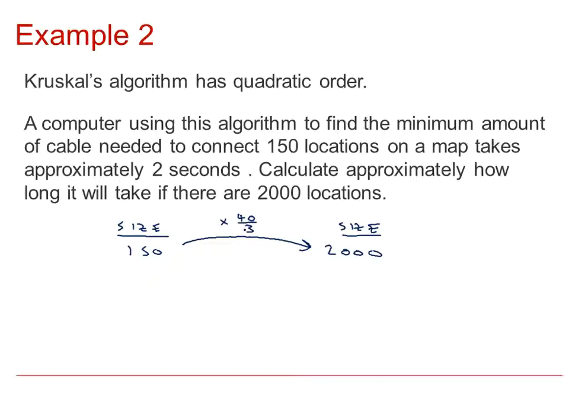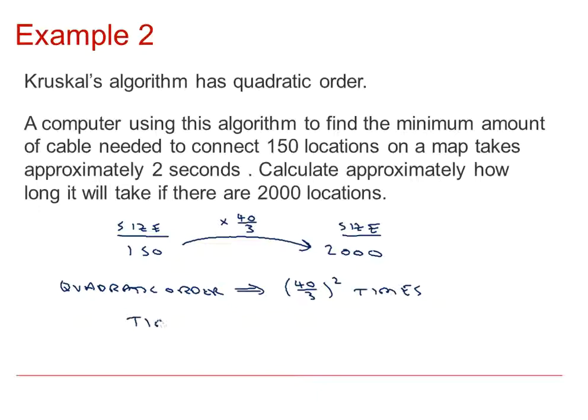So it's 40 over 3 times bigger as a problem. Because Kruskal's algorithm has quadratic order, that implies that this new problem is going to be 40 over 3 squared times more complex.